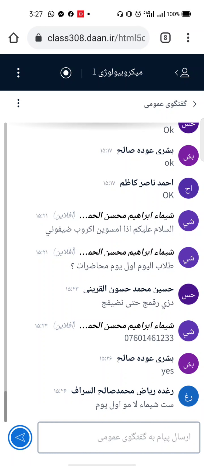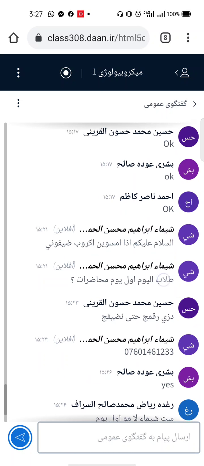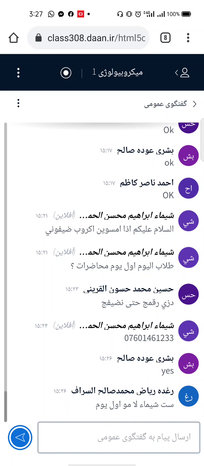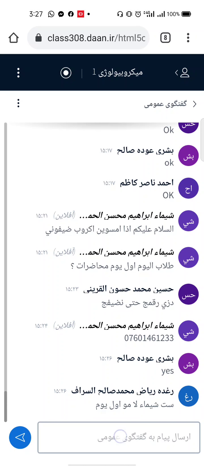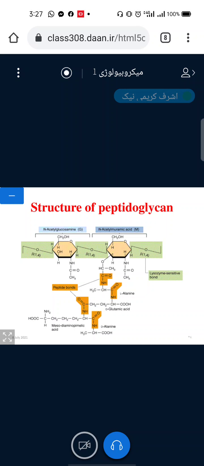More explanation about peptidoglycan. N-acetylglucosamine, G, N-acetylmuramic acid, M, peptide bonds, and amino acids: L-alanine, D-glutamic acid, D-alanine, D-aminopimelic acid, and others.